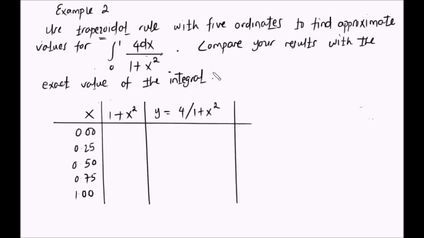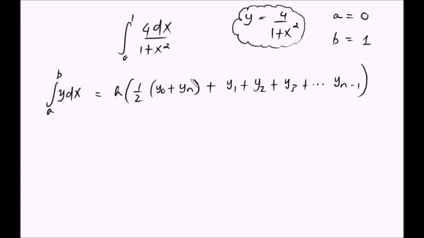So kwenye swali anasema hivi, use trapezoidal rule, lakini anasema with 5 ordinates. So kama ni 5 ordinates, manake nini? Remember nilisema zile y0, y1, y2, y3 mpaka yn ndo ordinates. Sasa nataka ziwe 5.